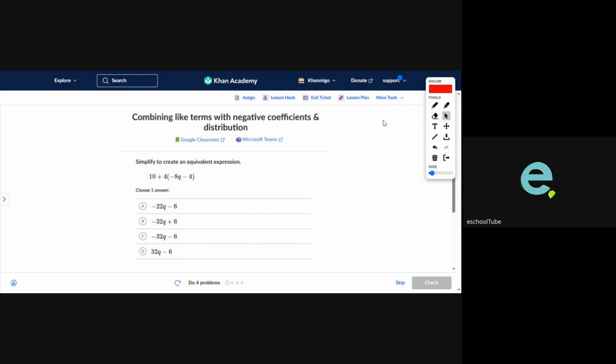तो इसमें क्या है? फटाफट you have to multiply. This is positive 4. Now positive 4 has to be distributed on to these two numbers. Positive and negative is negative. 8 4s are 32 cube. Positive and negative is negative. 4 4s are 16. And then you have 10. So 32 cube is your negative 32 cube.